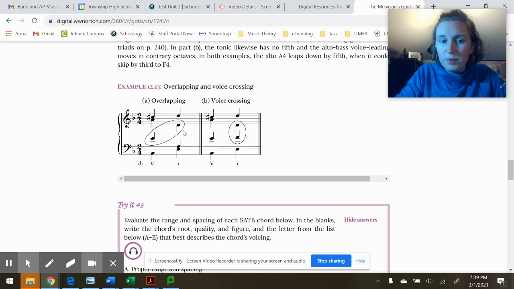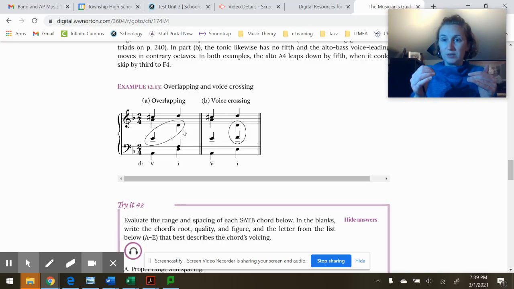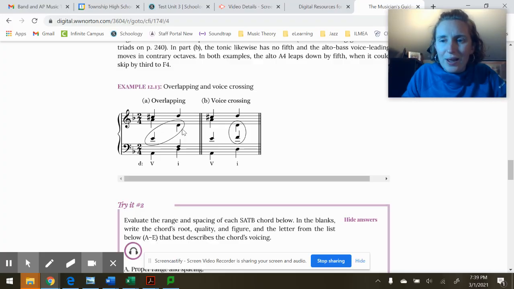I will say that there are some theory textbooks and some theory guidance that says at no point in an entire line of chords is the tenor line or the alto line allowed to cross into another person's lane, or another kind of note lane. I do not follow that type of strict guidance, and neither does the AP exam. So as long as it's not in adjacent chords, again, this overlapping, so one chord to the next chord, then you're okay.